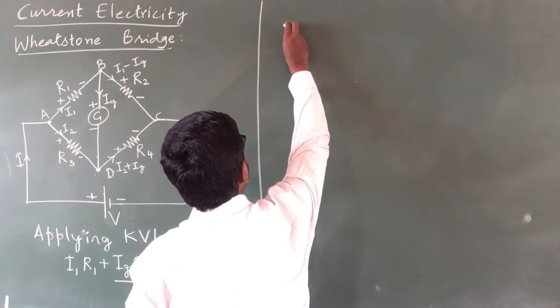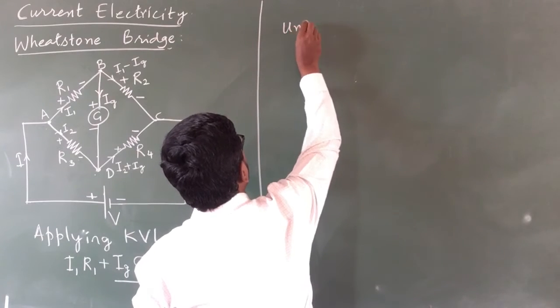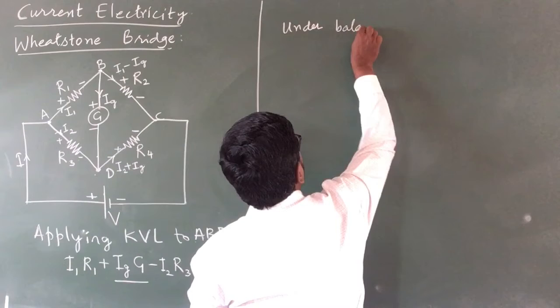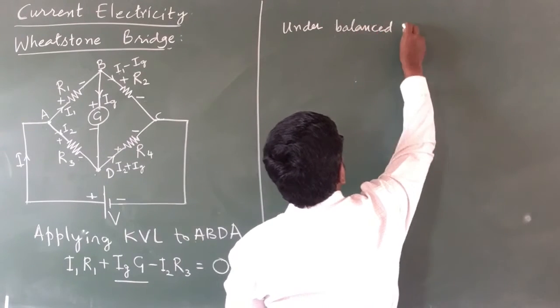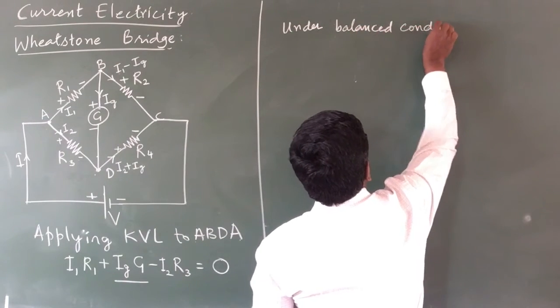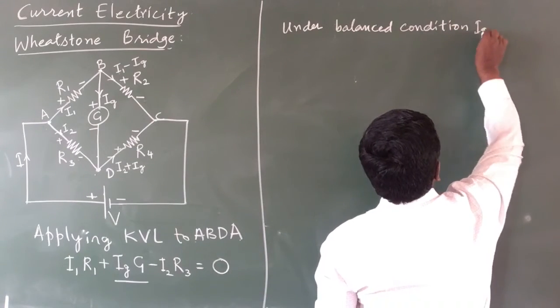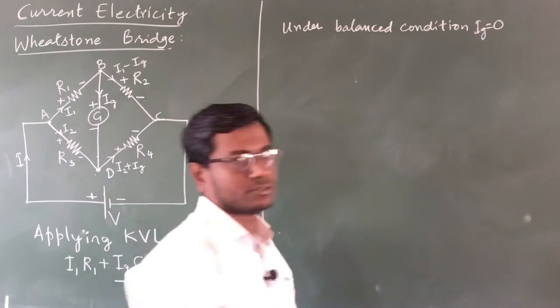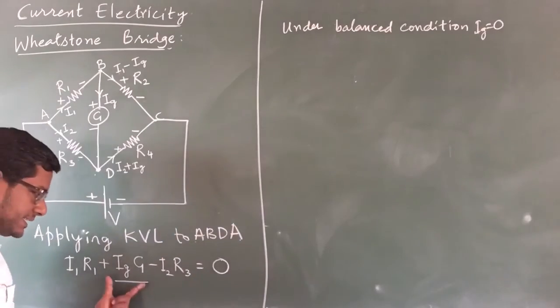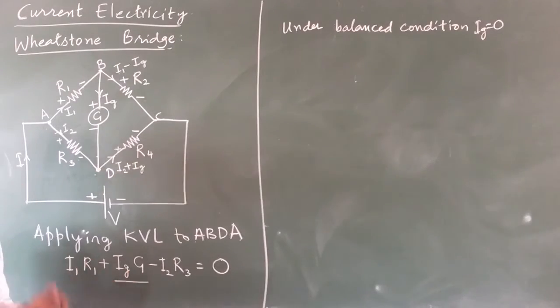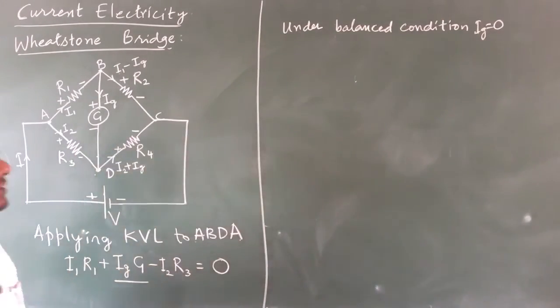So what is my condition? Balancing condition. Under balanced condition, Ig should be equal to 0. Now, if I take this Ig as 0, then Ig multiplied by G is going to become 0. I am left with only the first term and the third term.